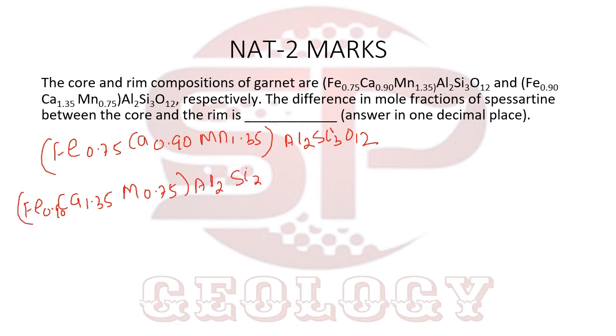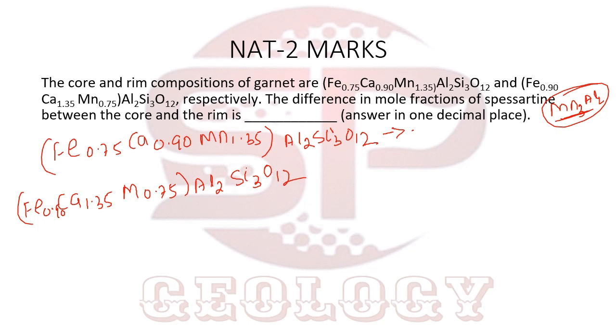Here we have to calculate the difference in mole fraction of spessartite. Spessartite is Mn bearing, Mn3Al2. So from Mn3, how many fractions are present here? Here 1.35 is present, here 0.75 is present. So I have to calculate the fraction.